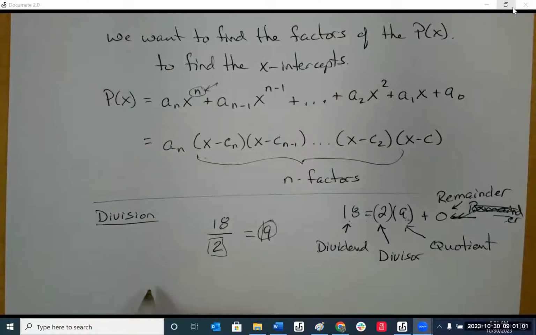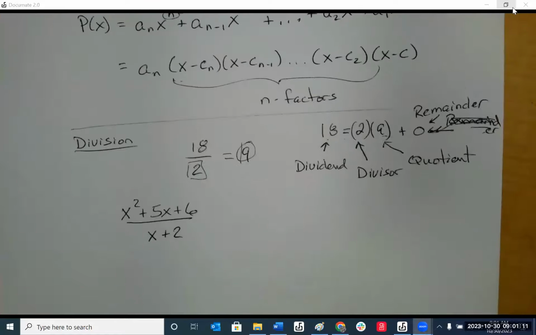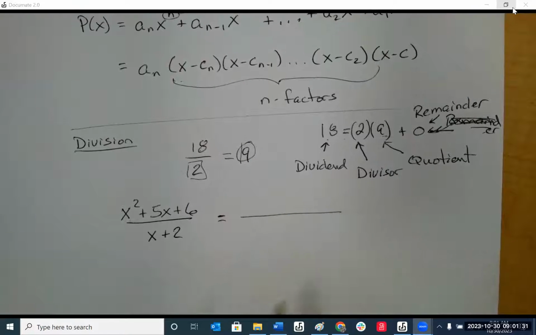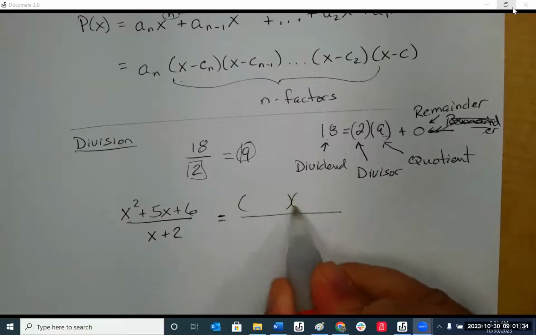It works the same way with polynomials. Because if we factored out the top, what would we get? We get x and x.